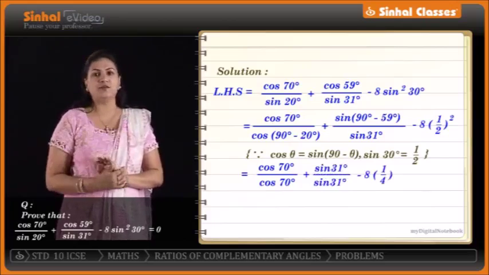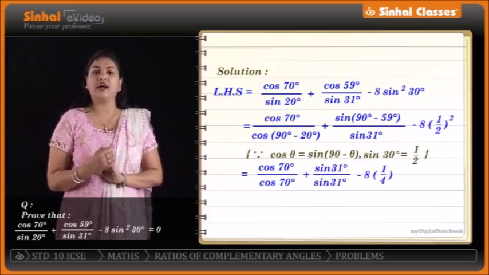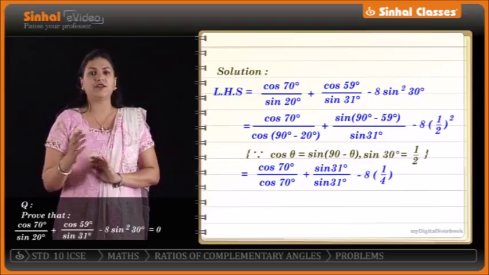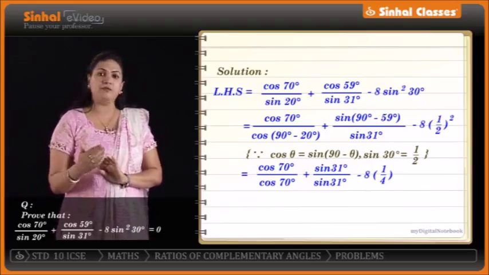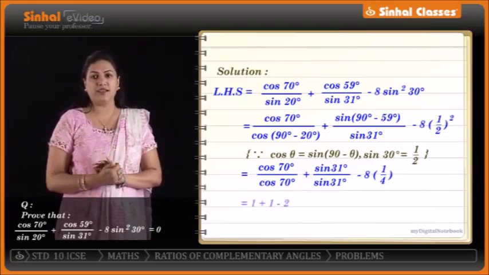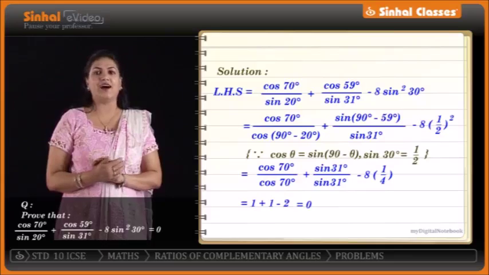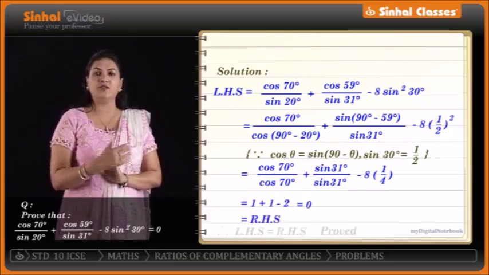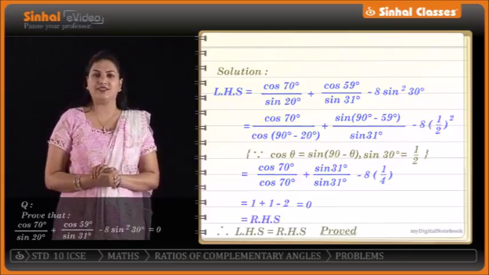Now the first two terms, they cancel out and we have 1 plus 1. From the third term we have minus 2. So we get 1 plus 1 minus 2, which is equal to 0, which is nothing but our RHS. So we have proved LHS equals RHS.